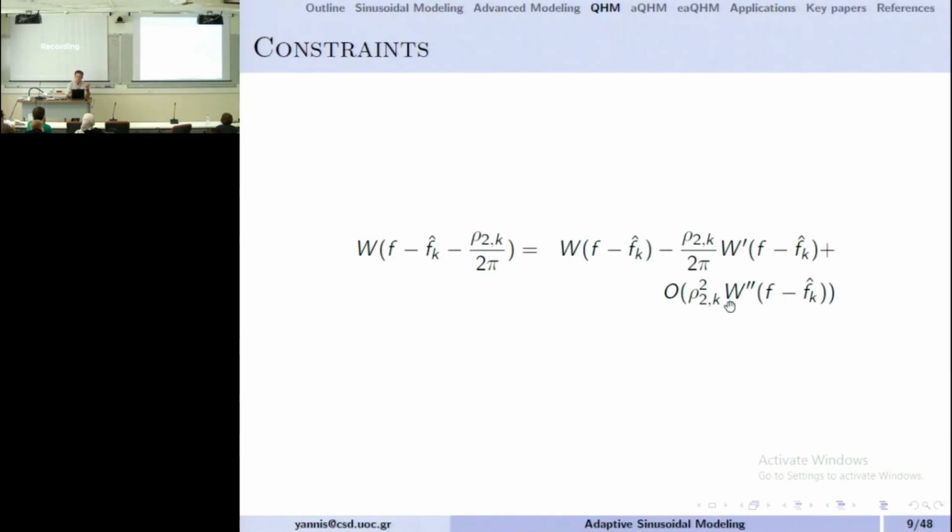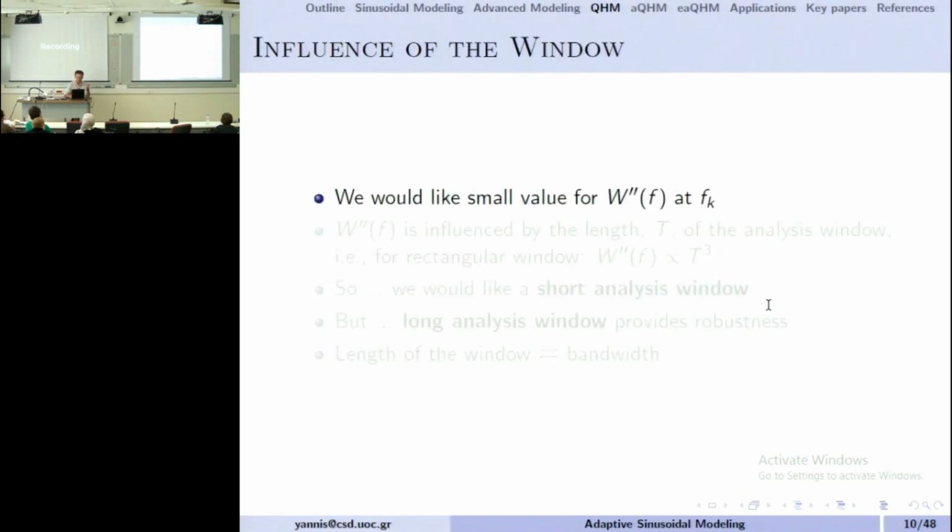Or this is related to the bandwidth of the window. So the type of the window or the analysis length that you have also determine the value of the second derivative of the window at frequency fk. So we would like a small value for that.